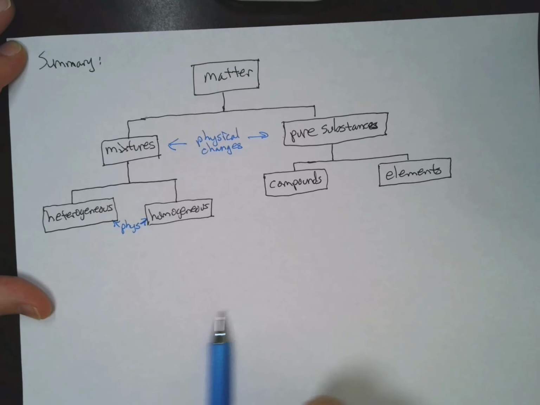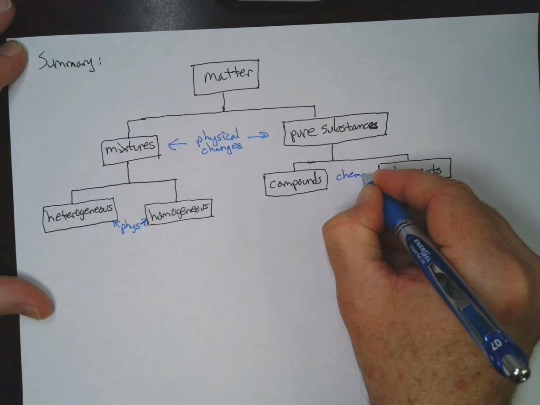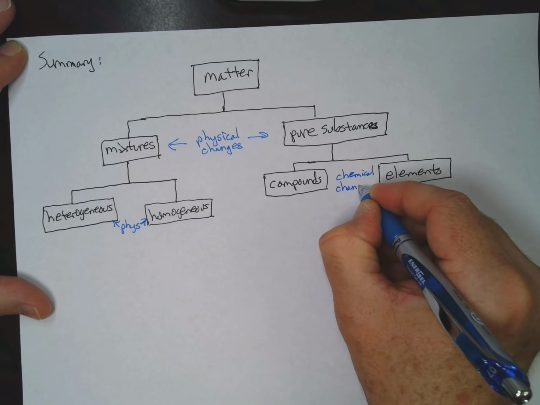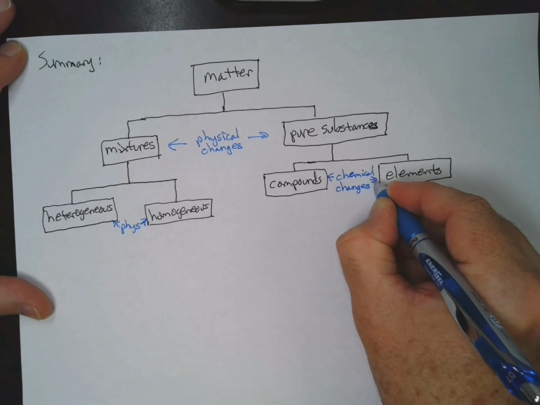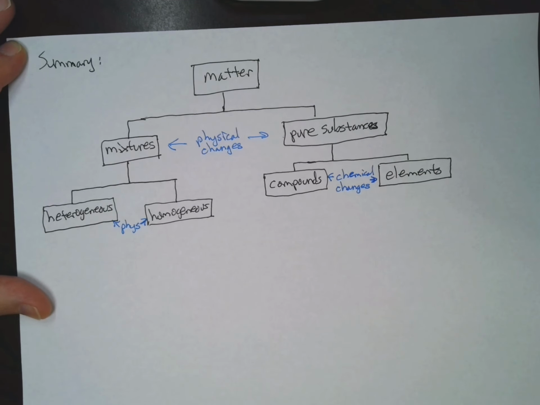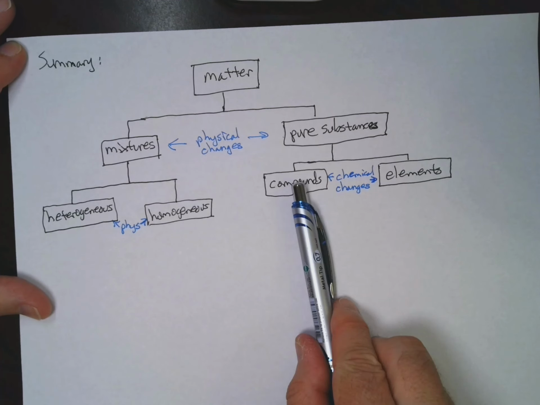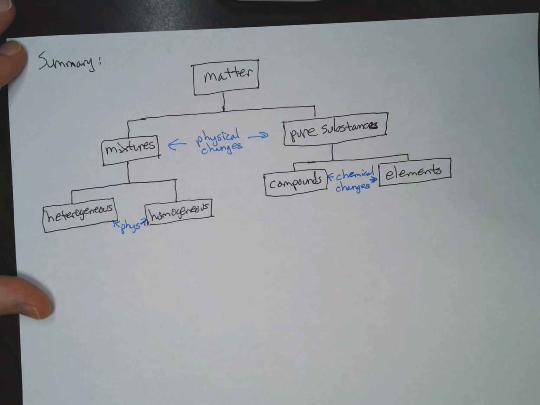Compounds and elements cannot be separated by, or cannot be changed by physical means. We need chemical means. So rearranging some elements into compounds, that's a chemical change.